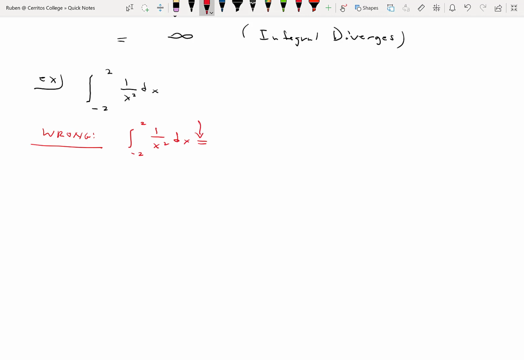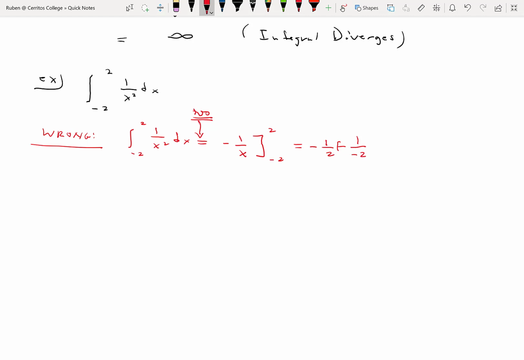It would be wrong to write this equals. The antiderivative is -1 over x from -2 to 2. And if you substitute the upper limit of integration, and then substitute the lower limit of integration and subtract, keeping track of all the minus signs.